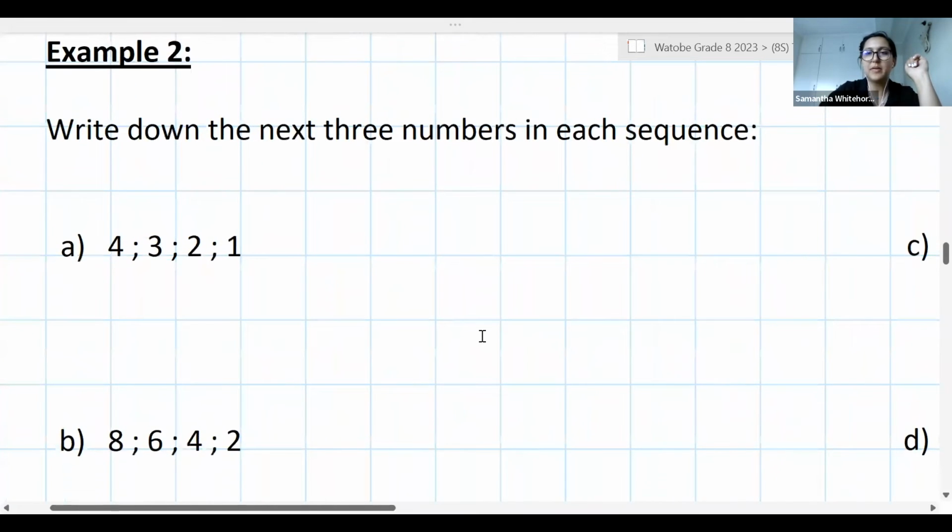Okay, so guys, what we want to do here is look at the pattern that we're seeing. This is again getting us used to working with integers and writing them down. We're going to do the first one together so you can see what's going on, and then I'm going to ask you to try the next couple by yourselves.